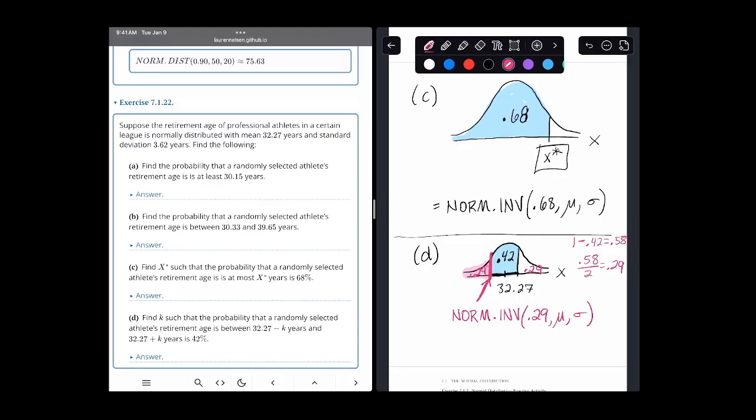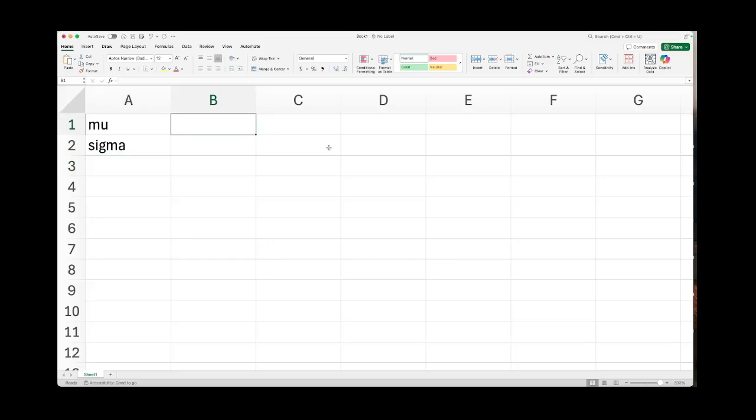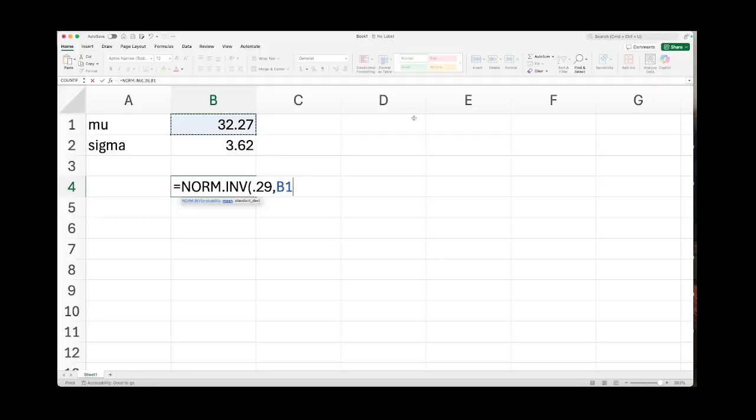So let's switch to Excel to see what this is. In this problem, our mean is 32.27. Our standard deviation is 3.62. And we first want to find norm.inv of 0.29, and then we want to plug in our mean and our standard deviation.